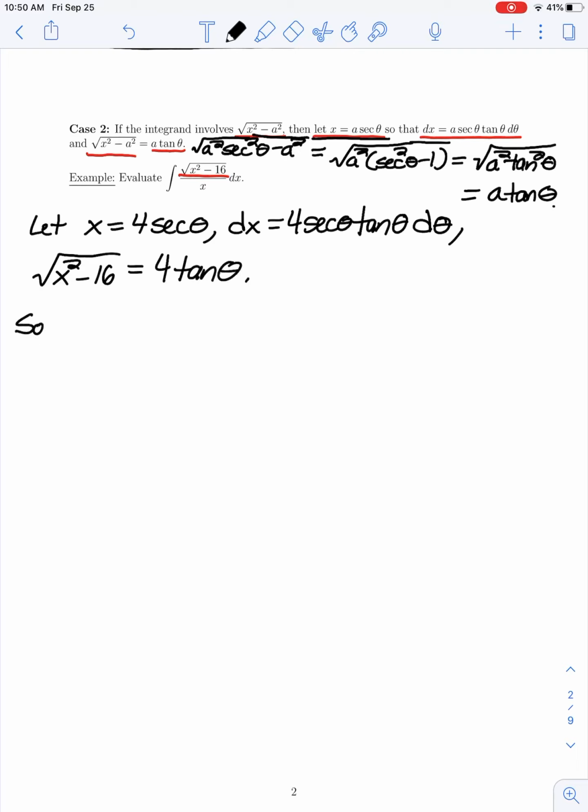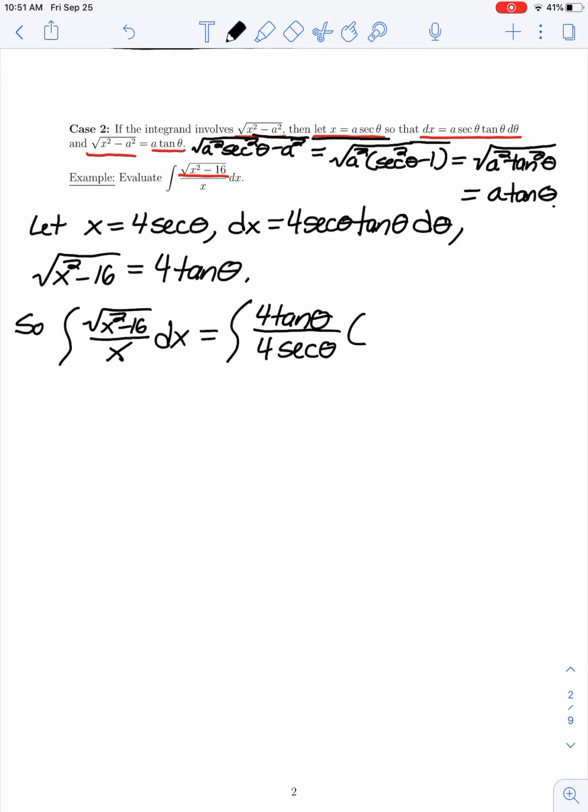So rewriting our integral in terms of theta, let's see what we have. Our numerator we found was given by 4 tangent theta divided by x, which was 4 secant theta. And then we had a dx on the end, which was 4 secant theta tangent theta d theta.